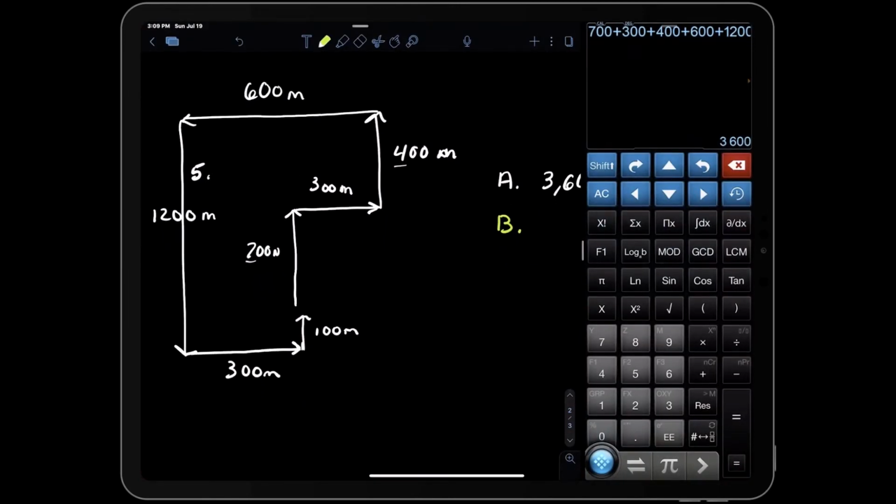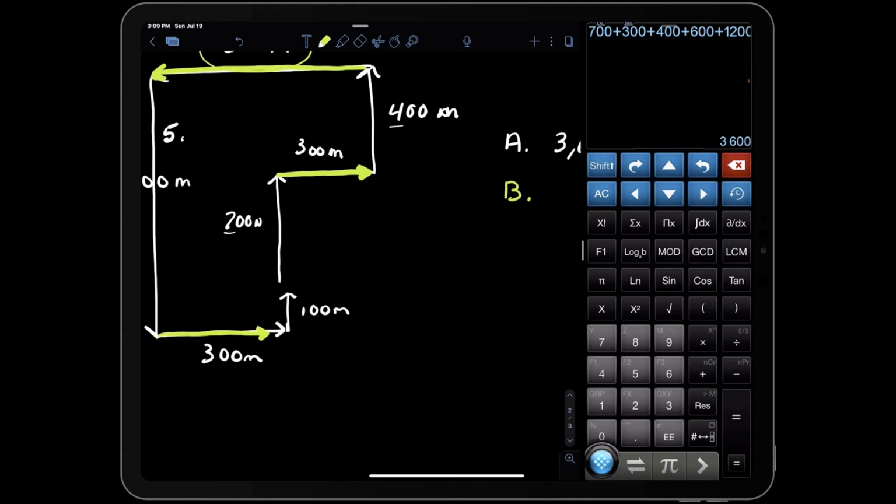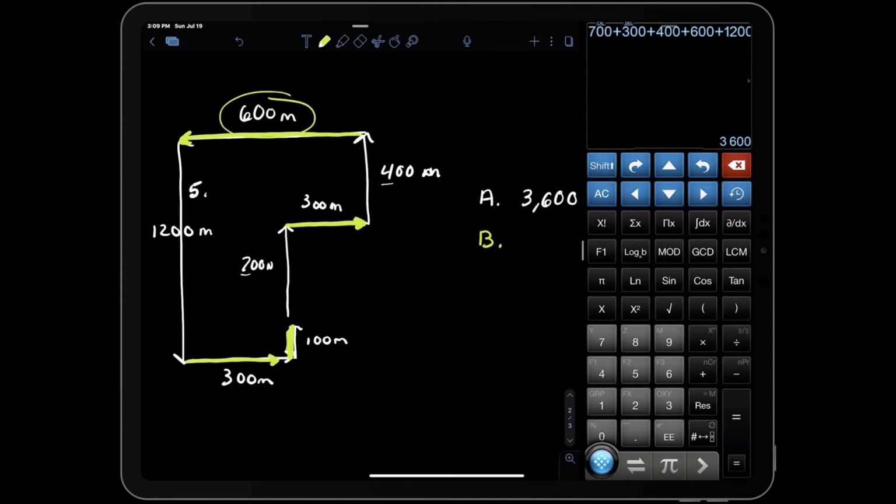All right, now I know looking at this that if this part right here is 600, all right, let's think this out. I know that they went to the right 300 here, and then they went back 600, and then they went back over 300. So that means that this line right here is in the same path as this right here.